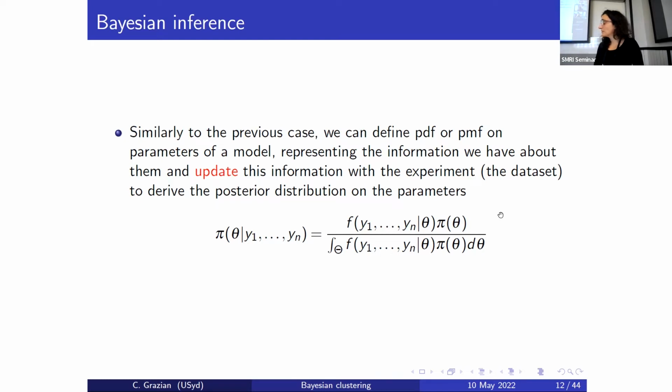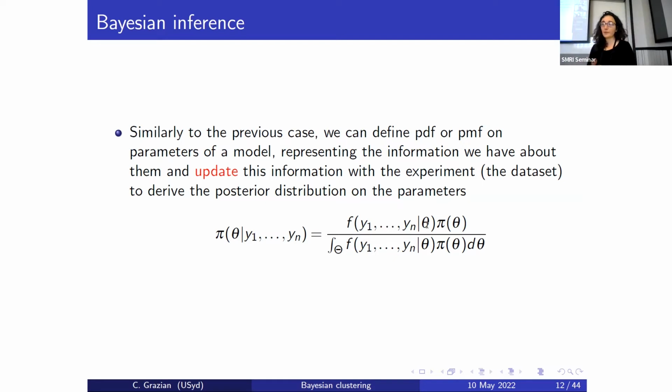for random variables. It's a bit more recent for parameters, because the main idea of Bayesian inference is that parameters can be considered random variables, and so we can define a prior distribution on the parameters of the model, combine that with the likelihood of what we observe, and then derive the posterior distribution.